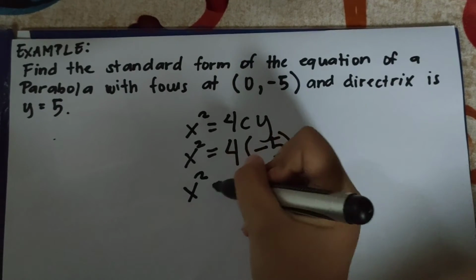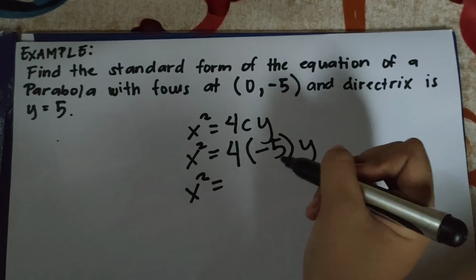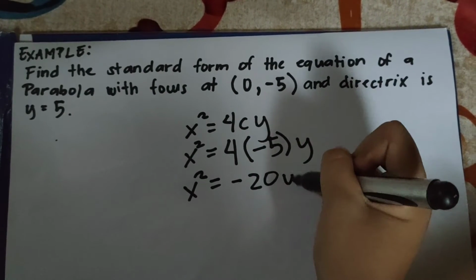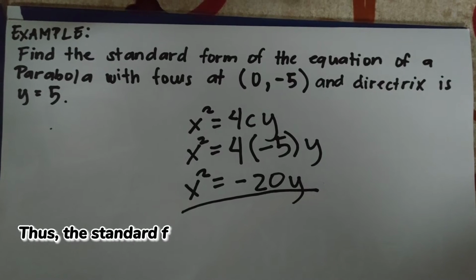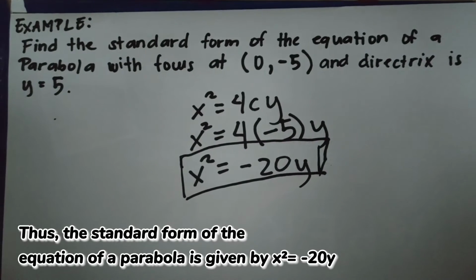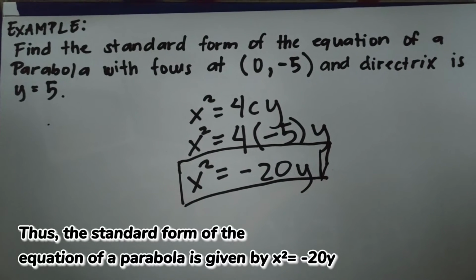X squared equals 4 multiplied by -5 is -20y. Thus, the standard form of the equation of the parabola is given by x squared equals -20y.